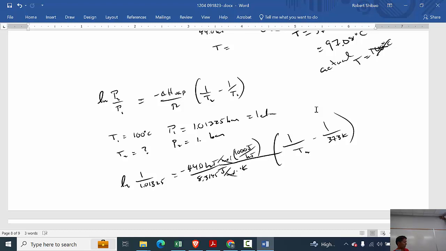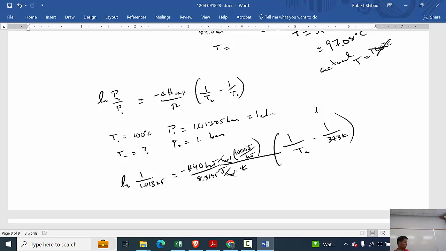1.01325. Take the natural log of that, which comes out negative. And so the negative times the negative is going to be positive. So I'm going to times it by -1. I screwed up the sign.